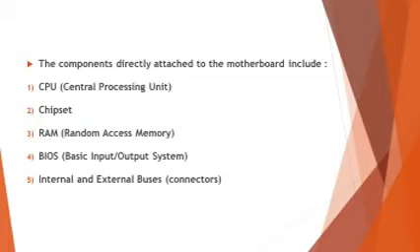So that's regarding the major components of the motherboard. We have 6 major components of the motherboard, which include the central processing unit, the chipset, the BIOS, the RAM, and the internal and external connectors, or buses. So that's regarding the first major topic of computer hardware, which is the motherboard.